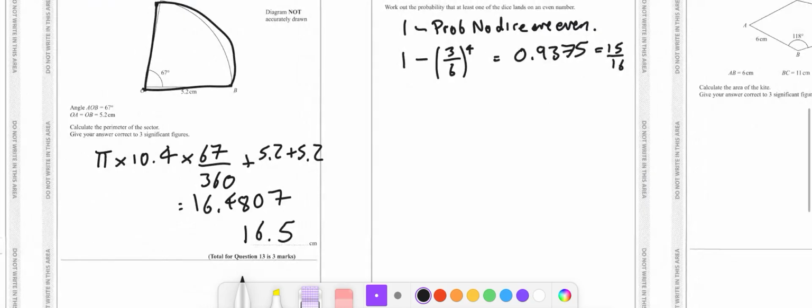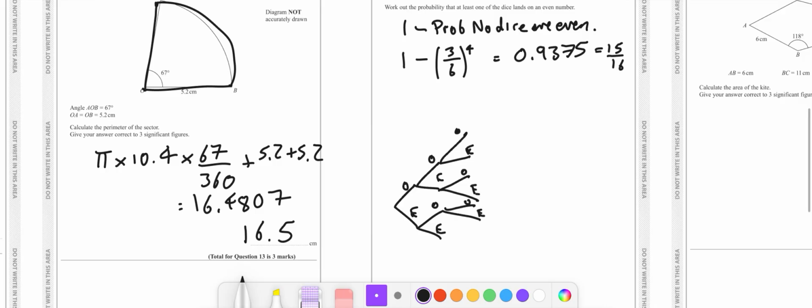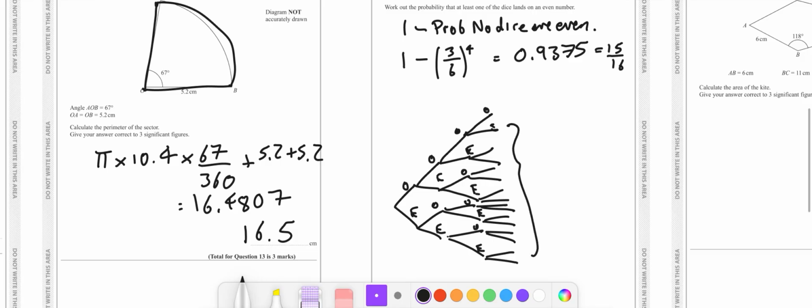It's not the only way you could do it. You could have a tree diagram, with odd, even, odd, even, and so on, for each of the 4 dice. So the probability that at least one of the dice lands on even is all of these branches, and each is a half, a half, a half, a half.